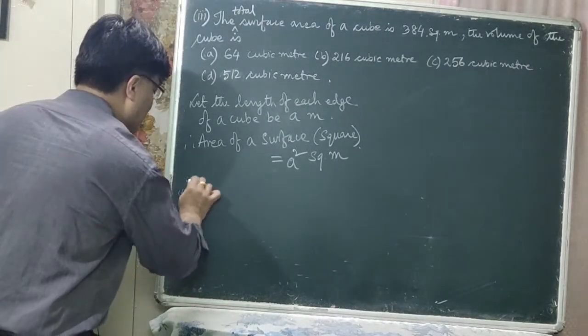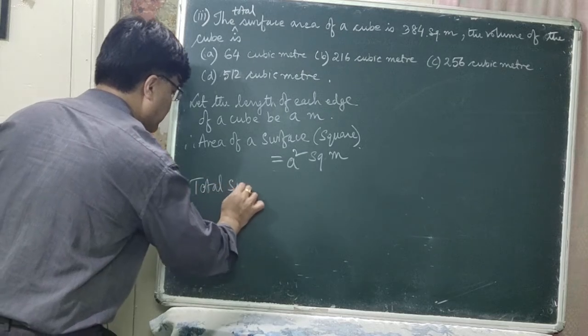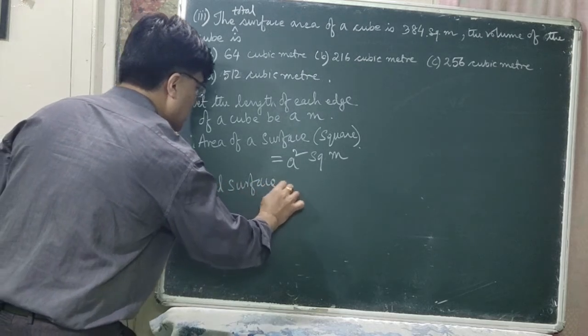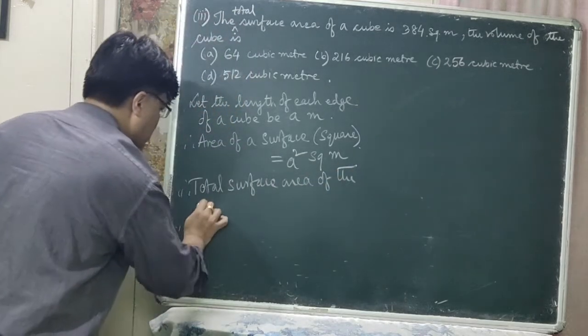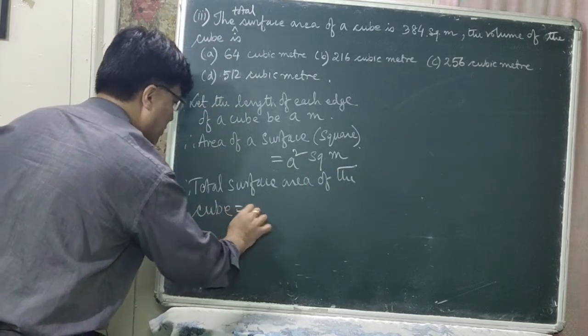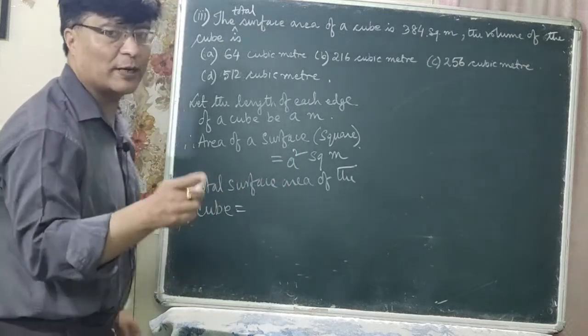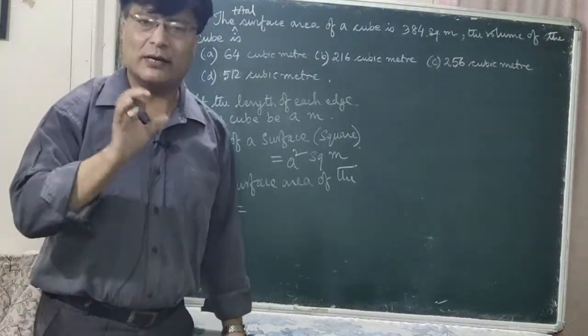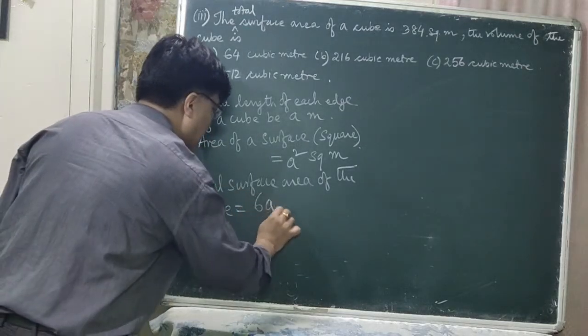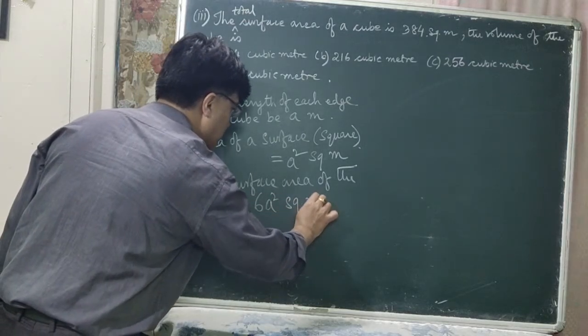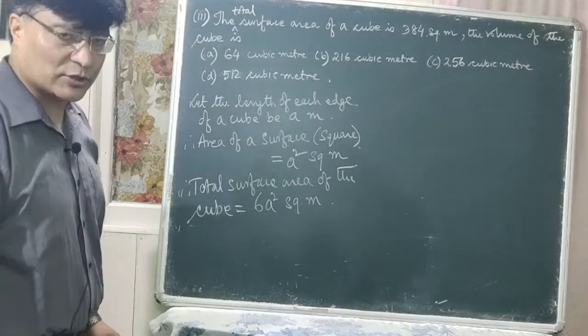So total surface area of the cube is equal to, this a square should be multiplied by 6 because there are 6 surfaces of a cube. So it is 6a square, unit is square meter. So I think you have understood it.